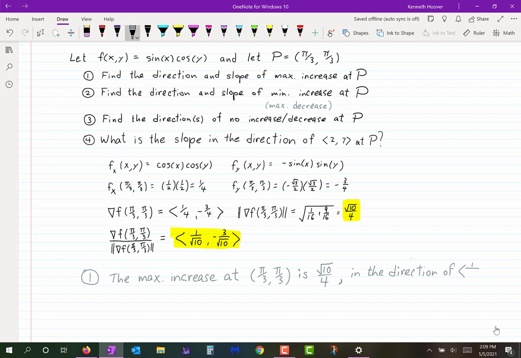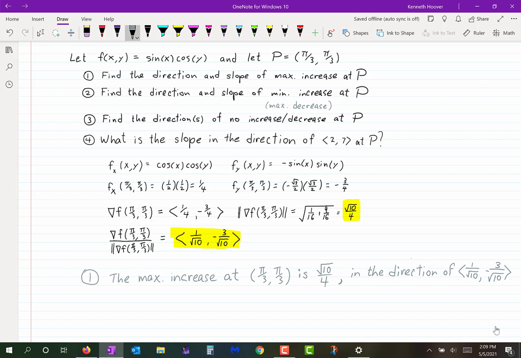The vector 1 over root 10, negative 3 over root 10. So there's the answer to question 1.